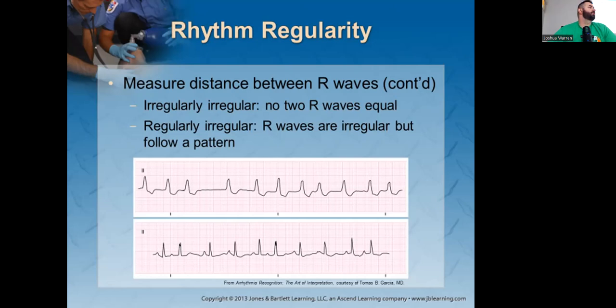Just the patient's tissue, their electrical conduction system, the way it's structured, and whatever's causing them to be irregular is probably causing that depression in their EKG right there as well. There's no pattern. No pattern.